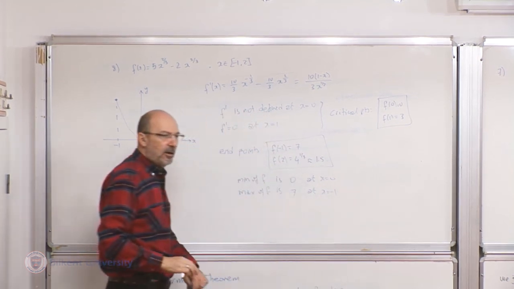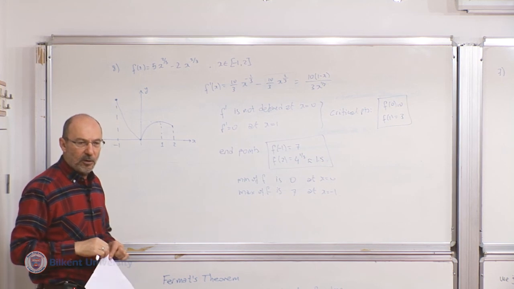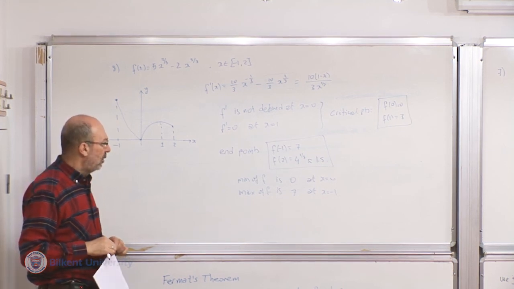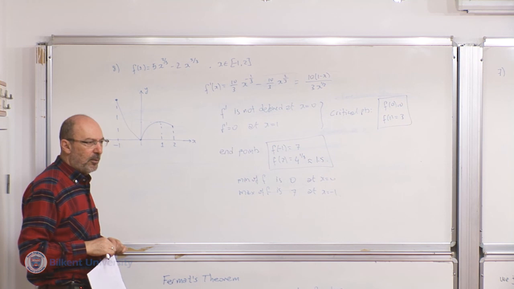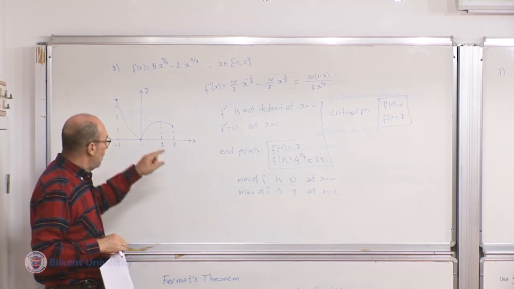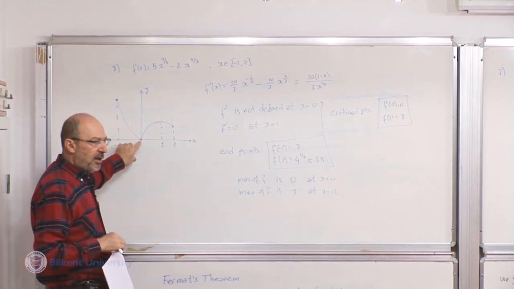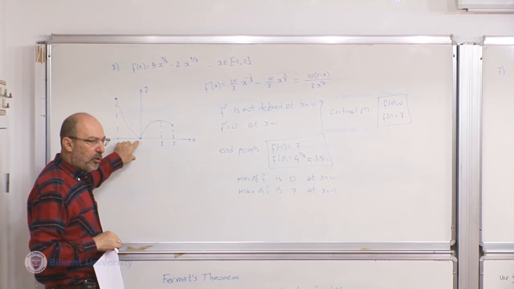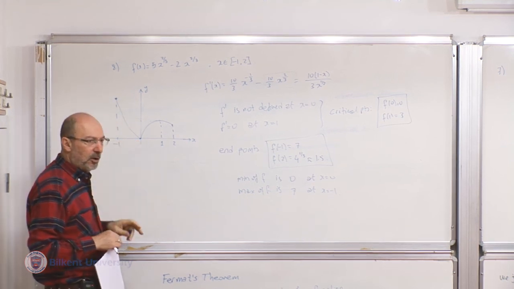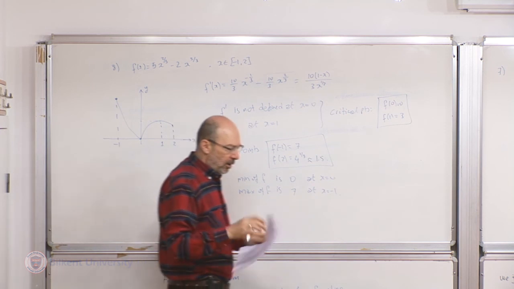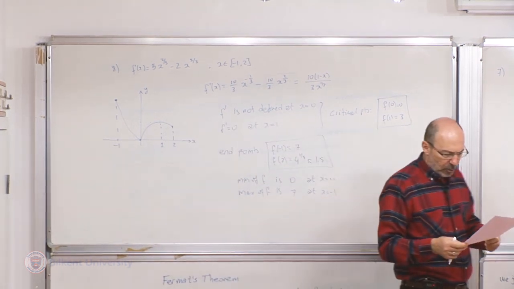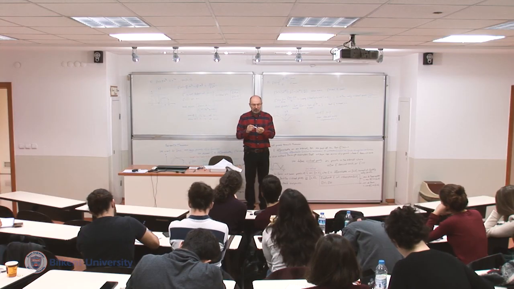That's the conclusion. This is again a typical problem on a closed and bounded interval. The point where the derivative does not exist proved to be important, and the endpoint proved to be important. Okay, that's all. Let's take a break and then we'll continue.